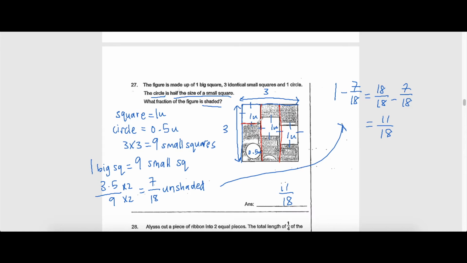So basically it's like that. Okay, so this is one small square. I'm not going to draw the shading anymore because you should have understood by this point. If not, you watch it. Alright, I'm going to move on.